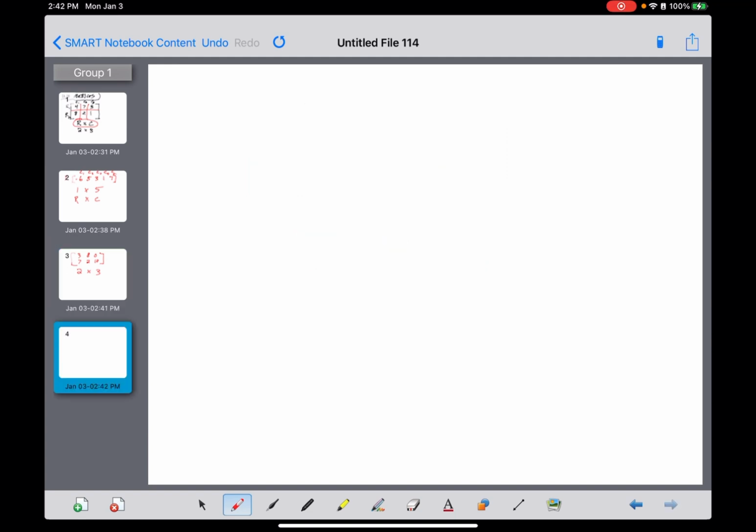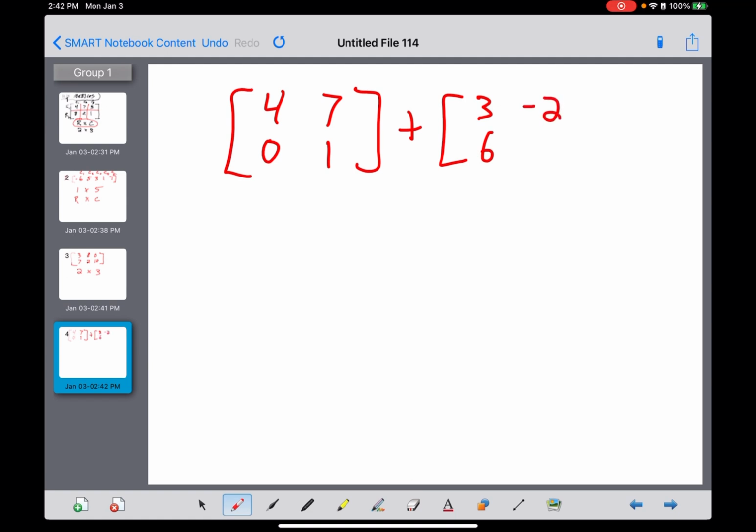So, in order to add or subtract matrices, say we want to take the matrix 4, 0, 7, 1, and add the matrix 3, 6, negative 2, and 4. First rule: in order to add or subtract matrices, they have to be the same dimensions.